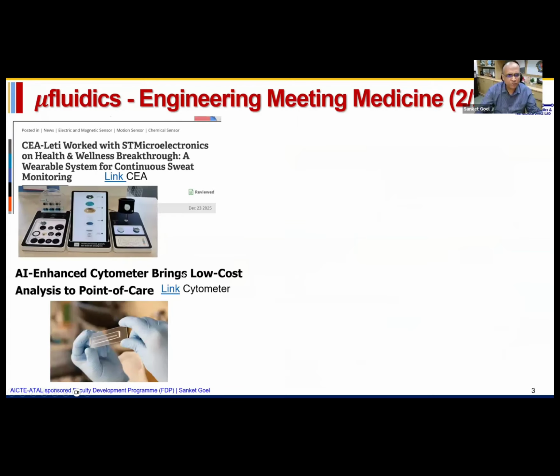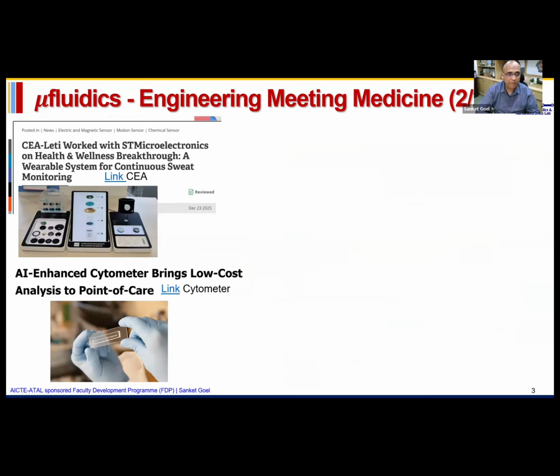Moving on, I try to bring in some of the recent advances, some of the recent news in the area where microfluidics has created a lot of impetus in the way we see things. On the top left side, you can see how wearable devices have been developed for continuous sweat monitoring, and that sweat monitoring can be done for different applications.